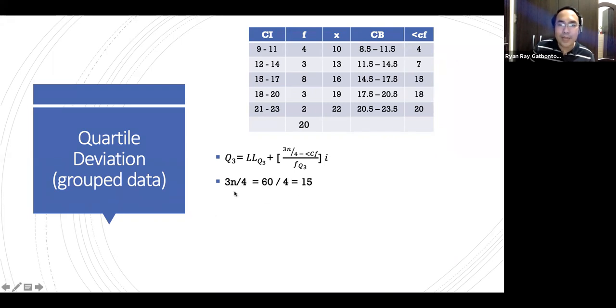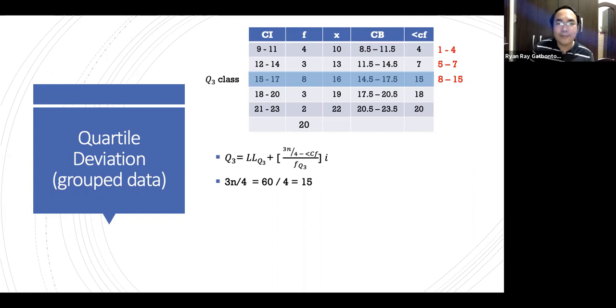First, we identify where your third quartile class is. We find it by using the formula 3n divided by 4. When we do the computation, it's 60 divided by 4. We arrive at 15. And when we count the 15, it actually occurs in the third class. Therefore, this class is your third quartile class.